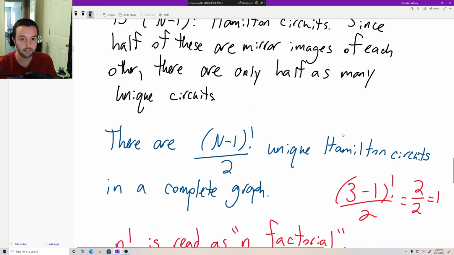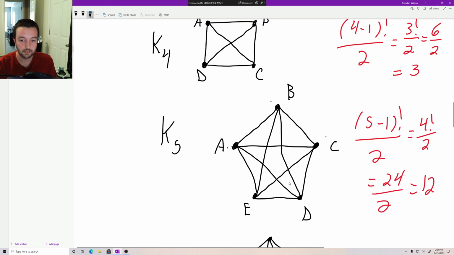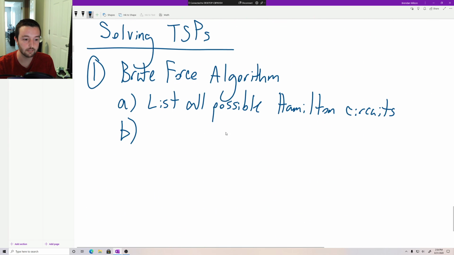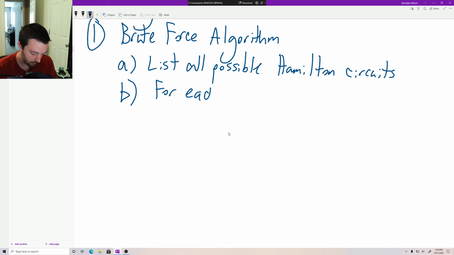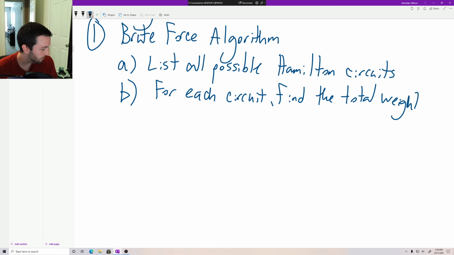So this might not be the best algorithm, especially if we have a lot of them. For example, on K5, we have 12 of them. That's going to take a long time. Maybe for K4 and under, it would be fine. Second, for each circuit, find the total weight.